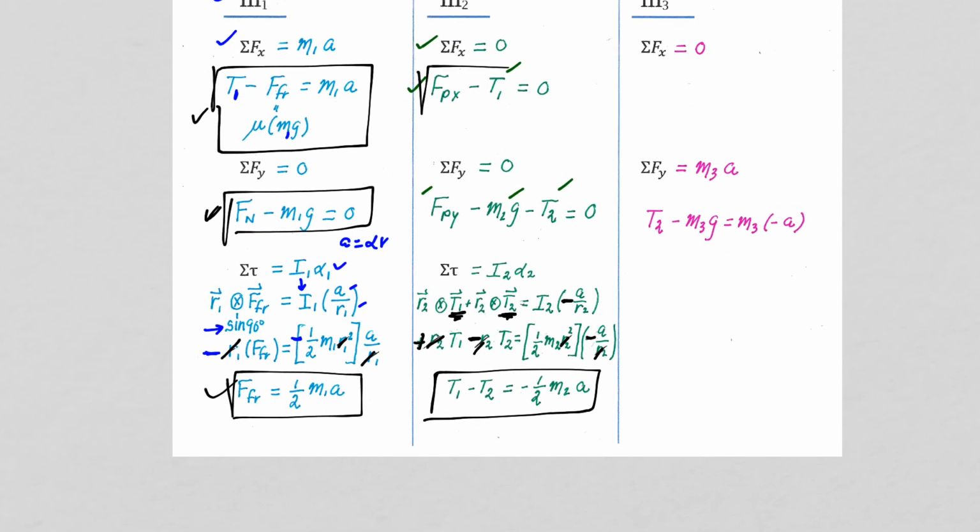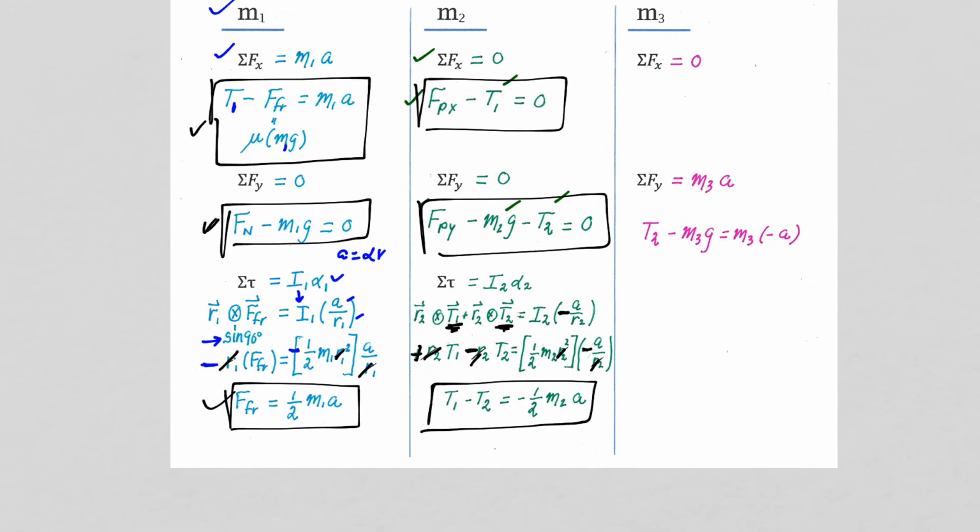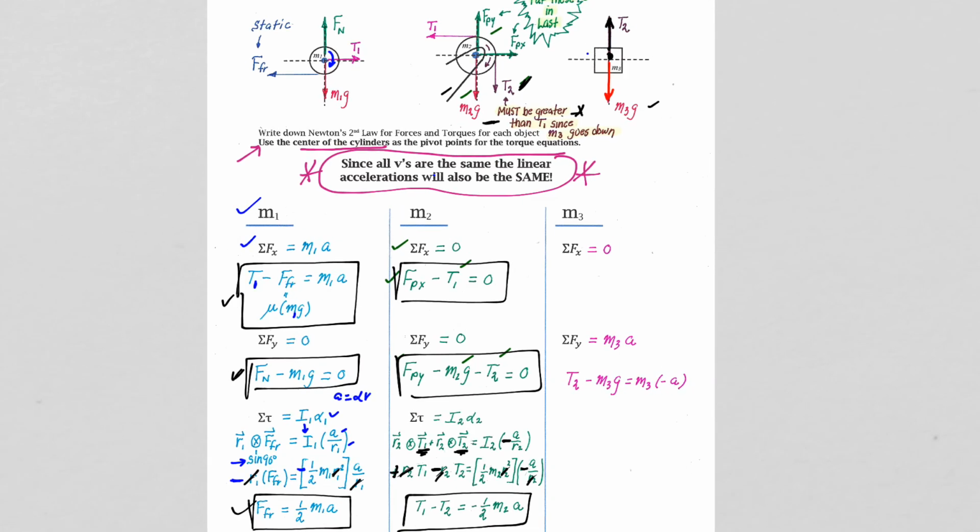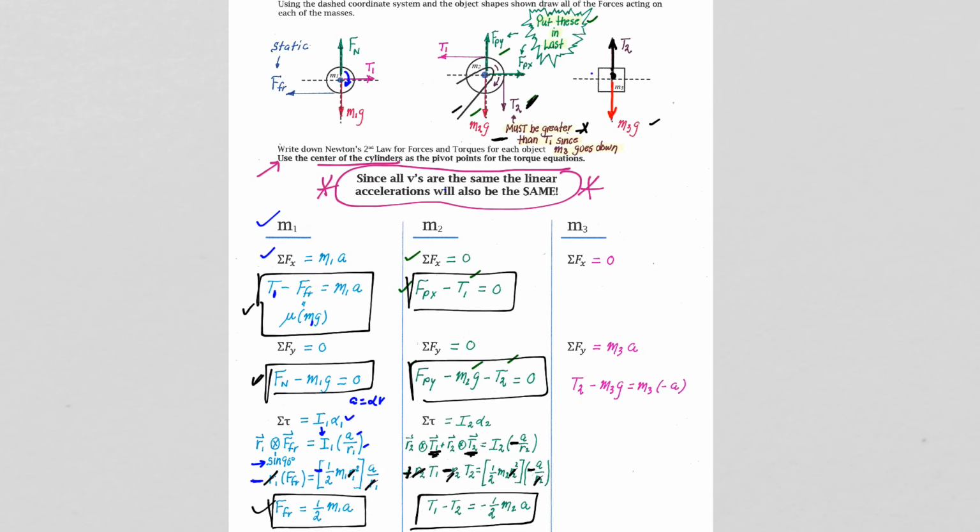And of course, we have our other equations. So now I have 6 equations to work with. And our last equation is simply that there are no x forces at all, no x consideration for M3. The force on M3 equals mass times acceleration.